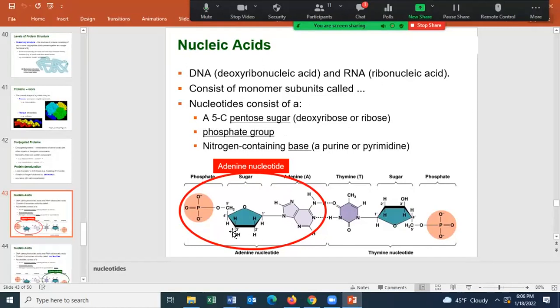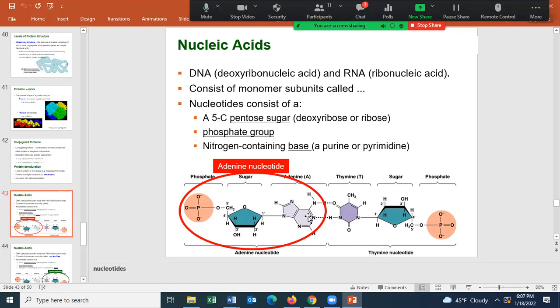The second part, besides the sugar, is that nucleotides have a phosphate group shown here. And then the third part is a nitrogen containing base shown here. And this base can be either a purine or a pyrimidine. And I'll talk about that in just a moment. All right, any question about that?